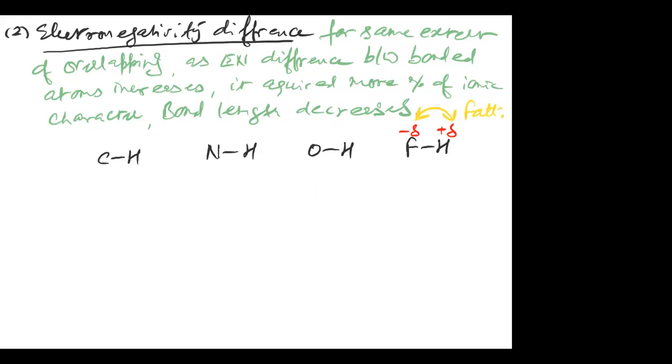So as far as the order of bond length is concerned, CH bond length is longer than NH, NH is longer than OH, and OH is obviously longer than HF bond. So for same extent of overlapping, as electronegativity difference between bonded atoms increases, it acquires more percentage of ionic character and bond length decreases.